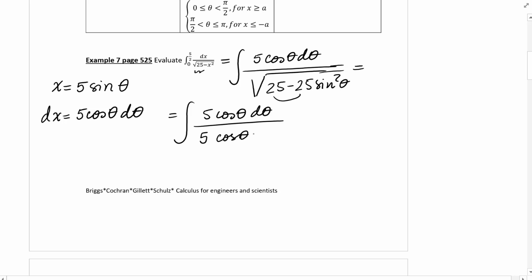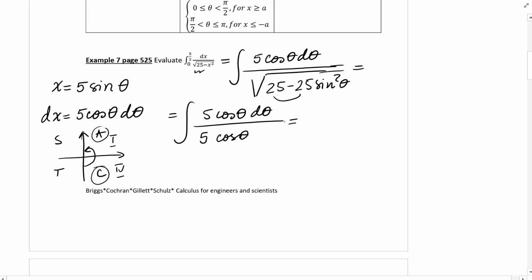Now, because our theta was restricted in these quadrants, if you remember, all students take calculus, means cosine is positive in quadrant 1 and quadrant 4. Because A stands for all trigonometric functions are positive, C stands for cosine and secant are positive.